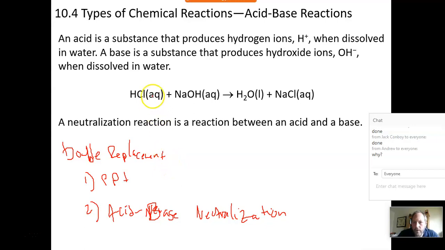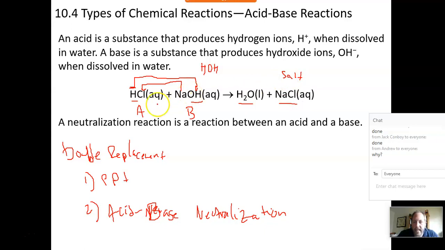Okay, so notice up here I have an acid, I have hydrochloric acid, and I have a base. You still do a double replacement reaction. The cation here, which in this case will be the H+, pairs up with the hydroxide. And you form HOH, which, what is HOH also known as? H2O, water. And the sodium pairs up with the chlorine, which is the sodium chloride, which is salt.